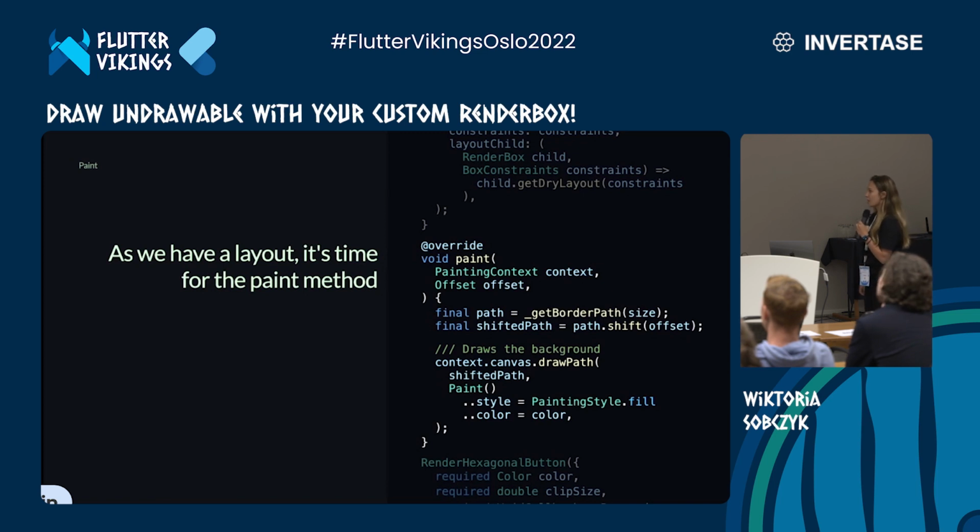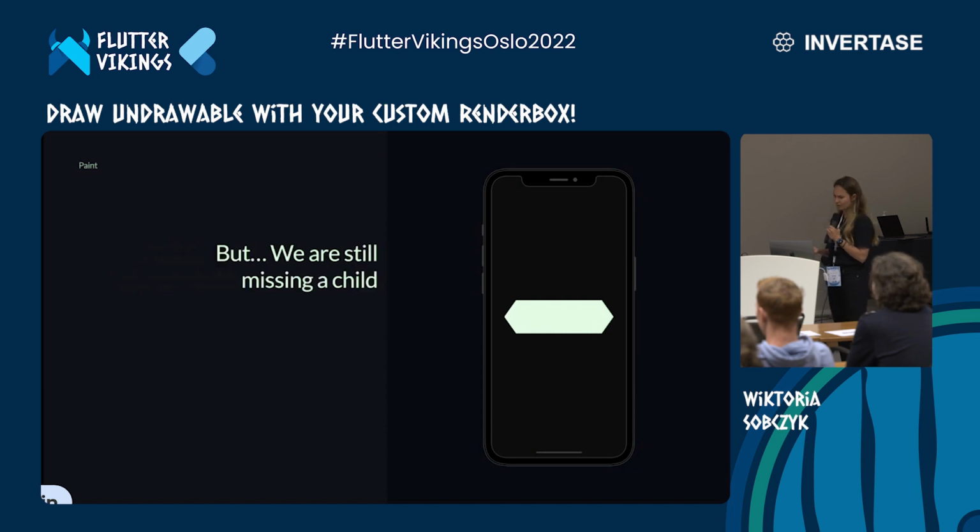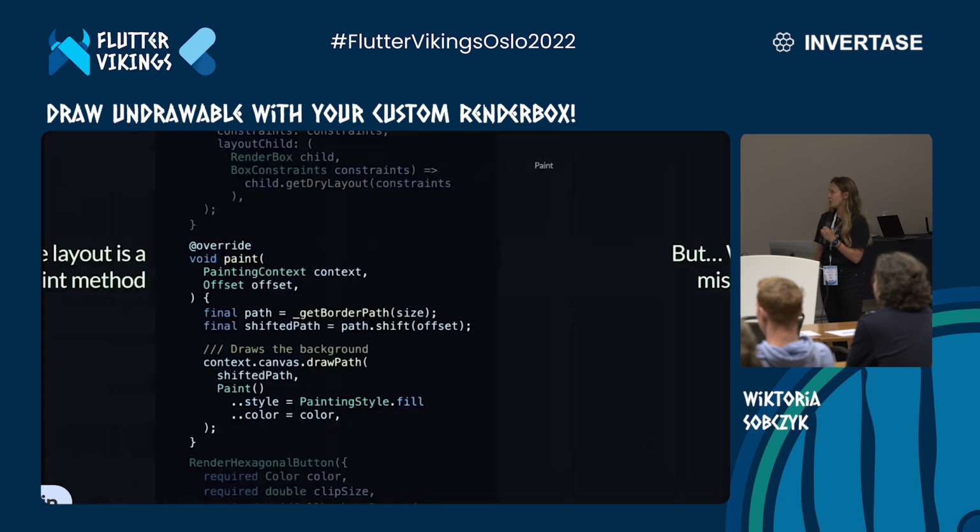Invoke our paint method, and on our shape we fill it and take the color that we have from our properties list. And as we can see, we have finally something visible on our phone, but it's only a shape, and one thing is still missing. We don't have any child rendered.